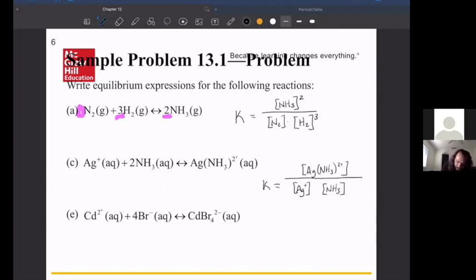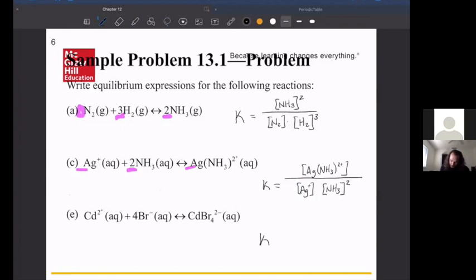And then I have to add those stoichiometric coefficients as exponents. So there's nothing for the silver and there's nothing for that silver ammonia ion, but I do have a 2 out front for the ammonia here on the reactant side. So that needs to be raised to the power of 2.